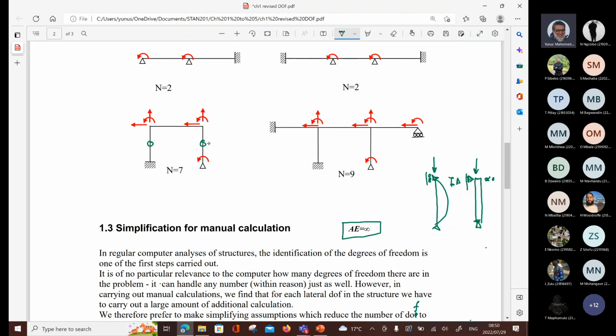The same thing applies here, right? I've got a pin connection which prevents it moving vertically. So that prevents the movement at the top really, because this thing is not really changing in its shape. It's not really expanding too much or contracting or getting smaller, right? So I don't get the vertical movement.